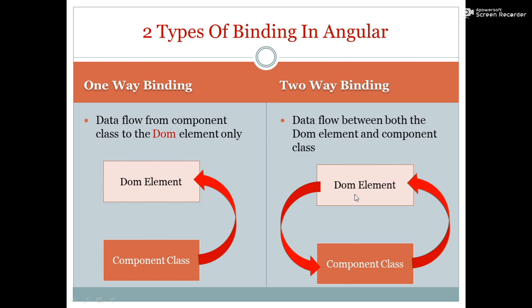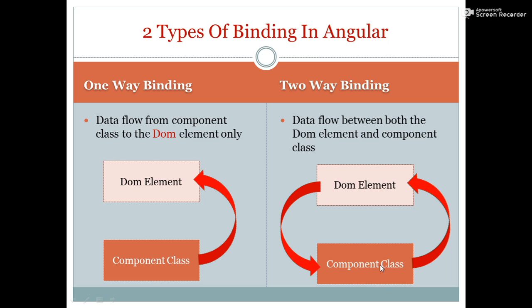So what we can do is trigger a function, or we use something called ngModel binding, or reactive forms, or in Angular we have other ways of performing two-way binding. Don't worry, I will show you, but I just want to give you an overview of how binding works in Angular. So in two-way binding, we can send data from the component class to the DOM element, and we can also send data from the DOM element into the component class, right?